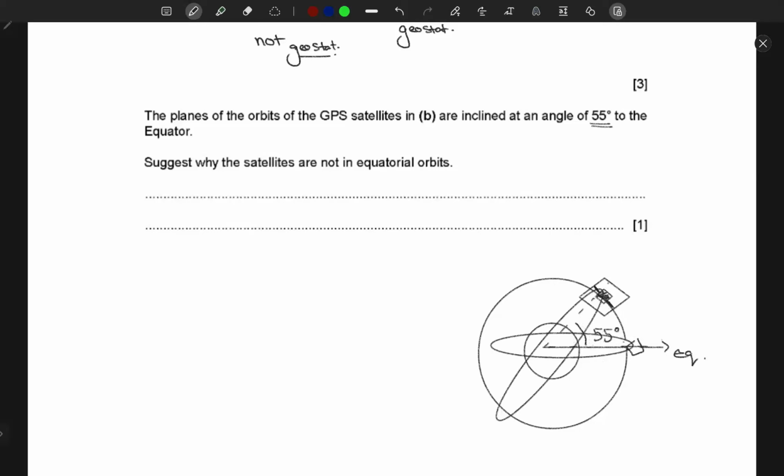This new circle that I drew with a light blue line is really the orbit that would be followed by this satellite if it's in this inclined plane. So why do that? Why not do this in the equatorial orbit? Why not do that? Anyone?